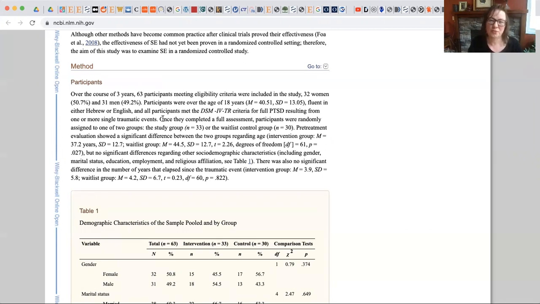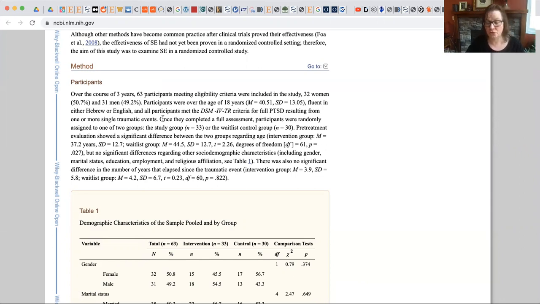Now here, they've already collected this data, so they can say a lot more about the participants. You're not going to have collected the data ever. And so you can't say as much as they're saying, but you can talk about exclusion and inclusion criteria. You can talk about age, you can talk about gender, you can talk about where you're going to find these people, how you're going to recruit them.